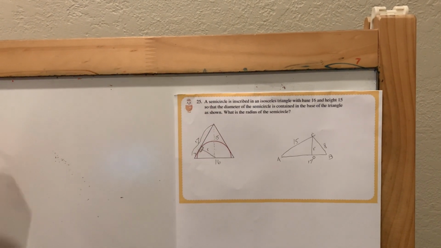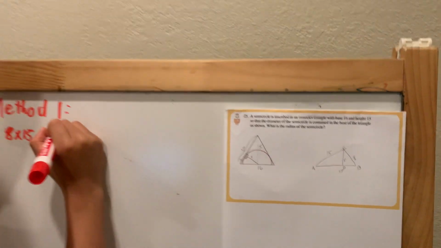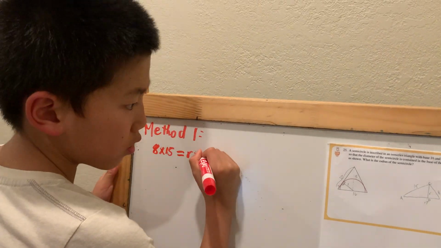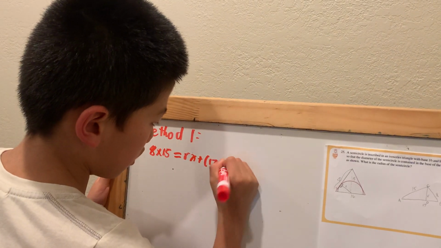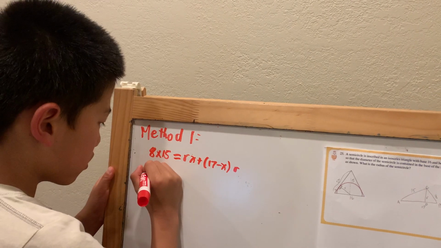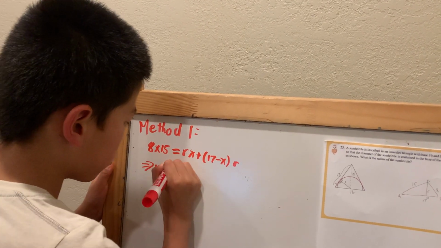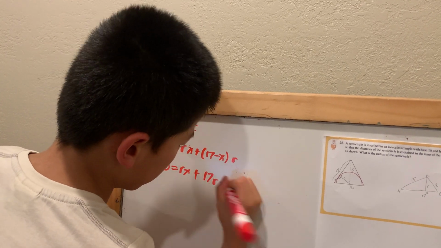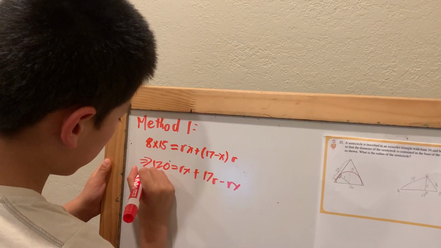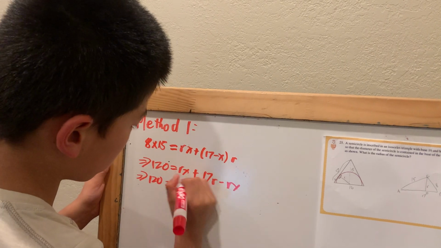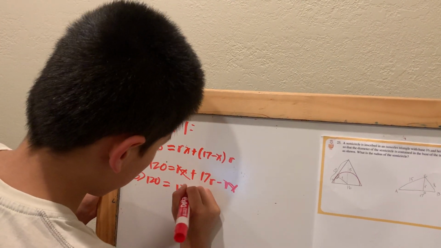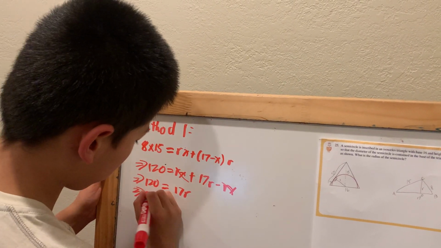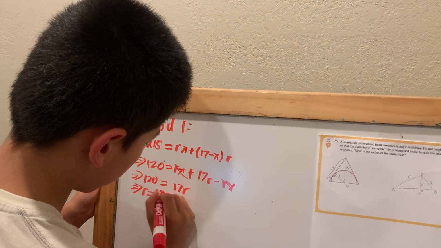So that means that 8 times 15 equals rx plus (17 minus x) times r. So then 120 equals rx plus 17r minus rx, which means that 120 equals 17r, and that means that r equals 120 over 17.